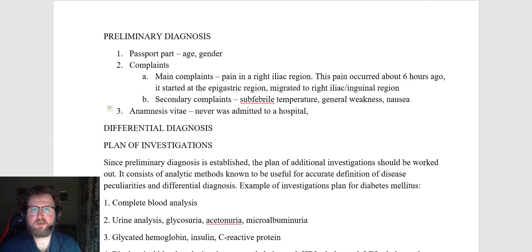He tells us that he didn't have any surgeries or severe traumas.